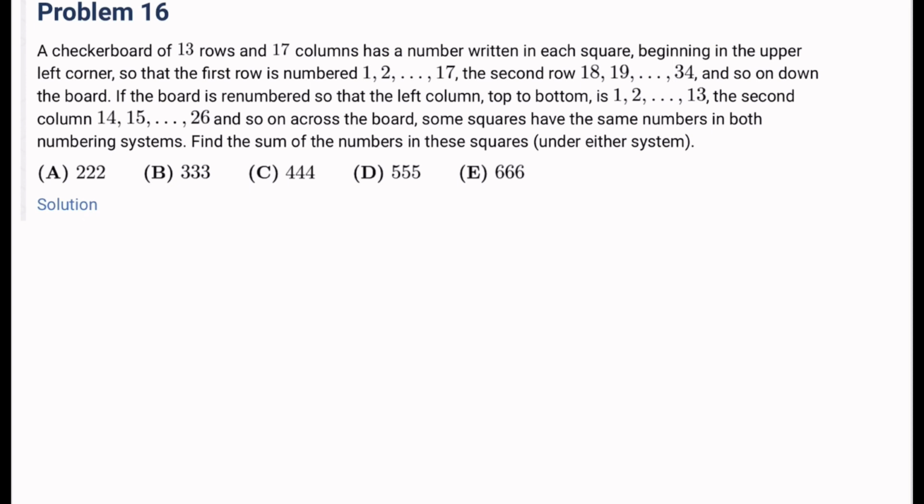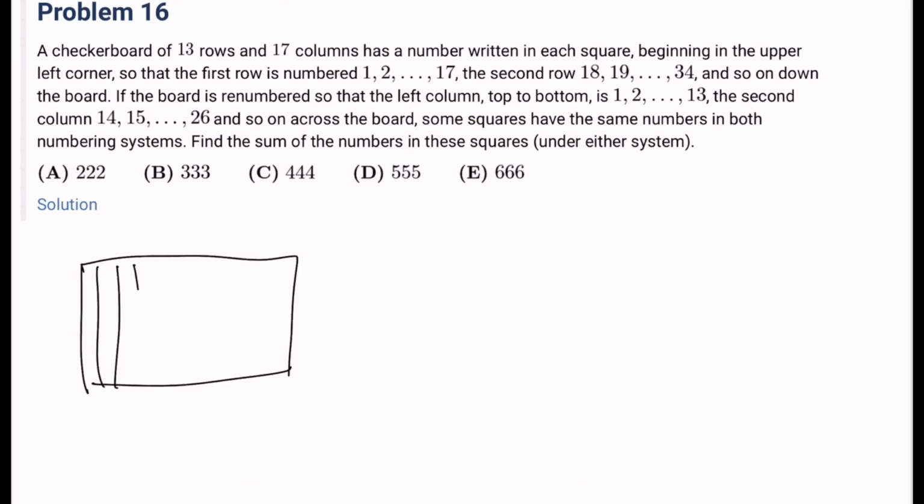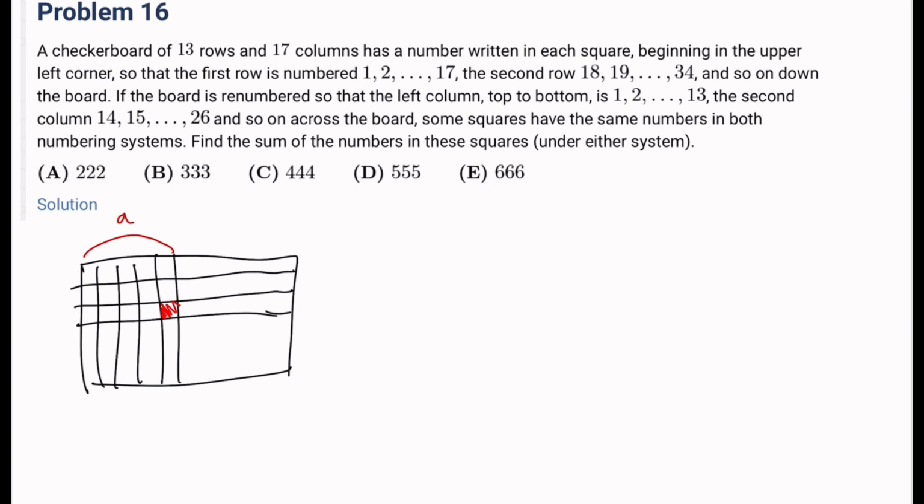Right, okay, so we have a checkerboard of 13 rows and 17 columns, so it's going to be like this, and so on, like this, right? Maybe a little bit closer, like that, and so on, right? And then let's say that if the square is this one, then this amount across is A, and the amount it went down is B, right?